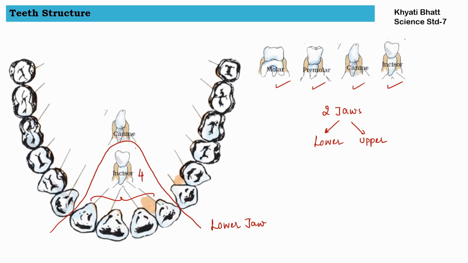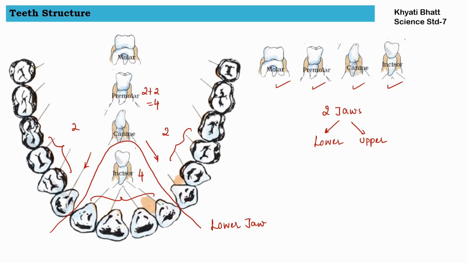Then comes the canine. On either side, one canine will be there, so there will be two canines. Then comes the premolar. On either side, two premolars, so 2 plus 2, there will be 4 premolars in one jaw. After that the molar teeth come. On either side, 3 molar teeth, so 3 plus 3, 6 molar teeth in one specific jaw.